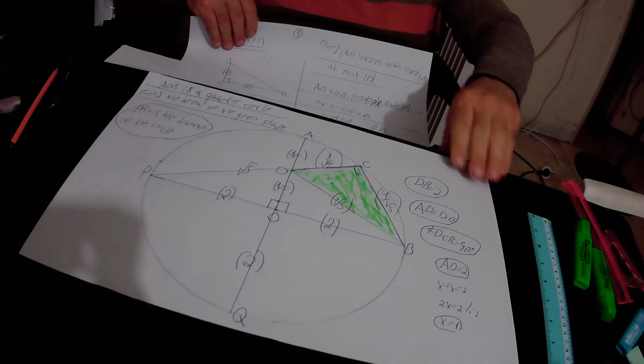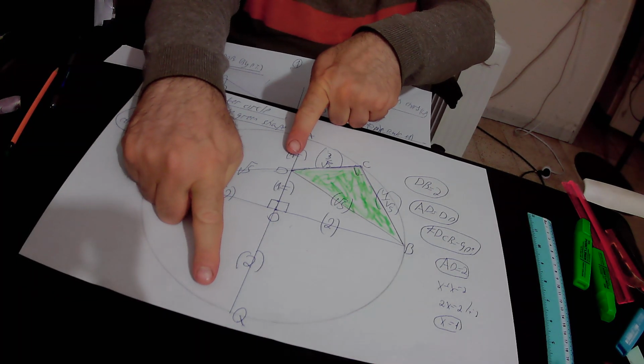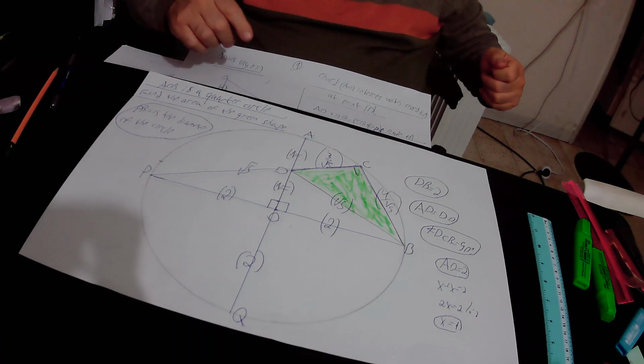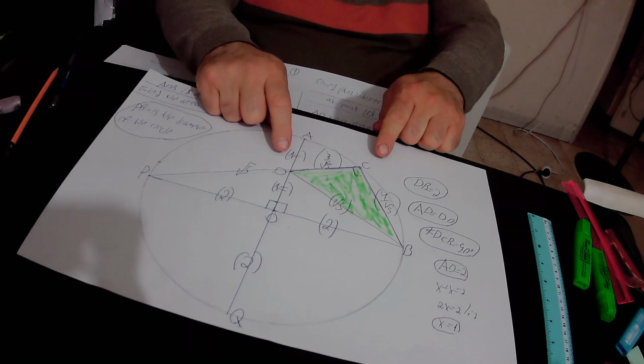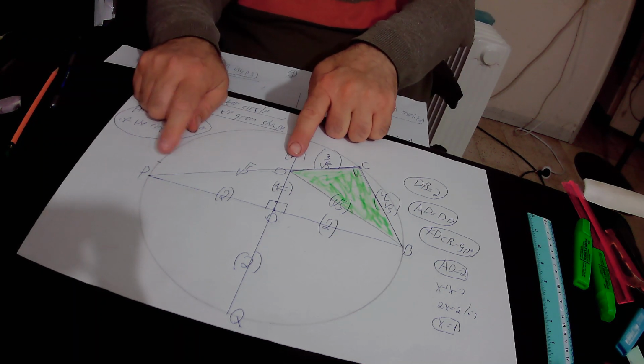AD is 1, DQ in total equals 1 plus 2, that is 3, and this equals CD times DP. CD is the missing side, so we leave it as it is. DP is equal to square root of 5.